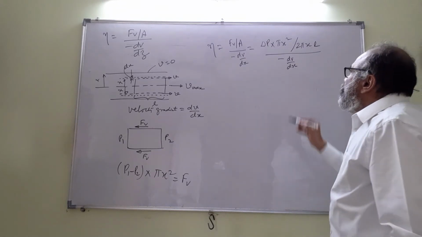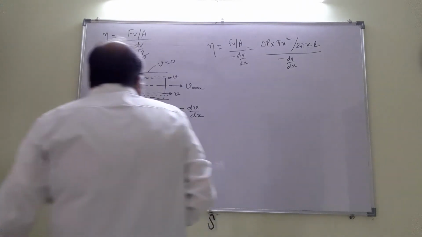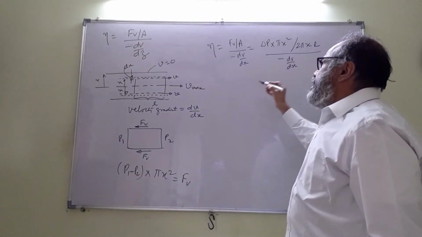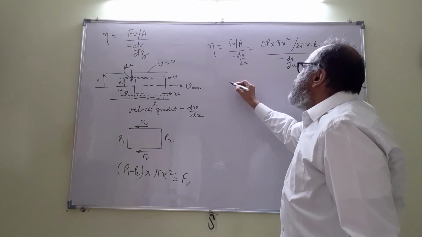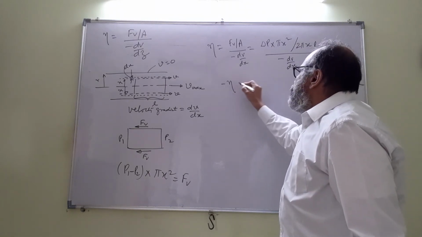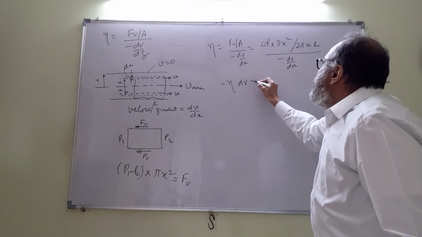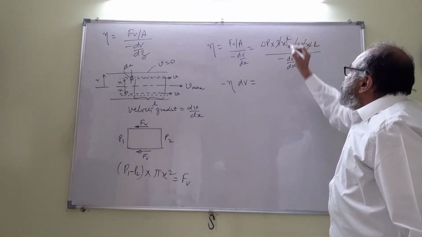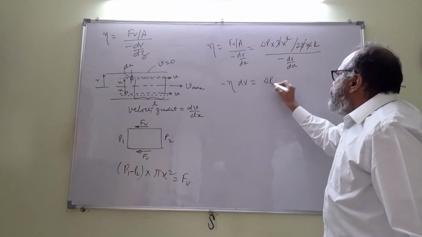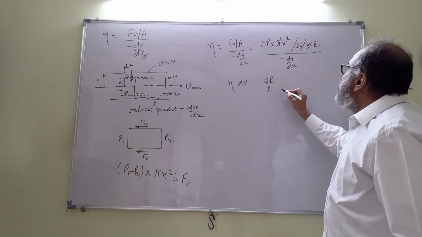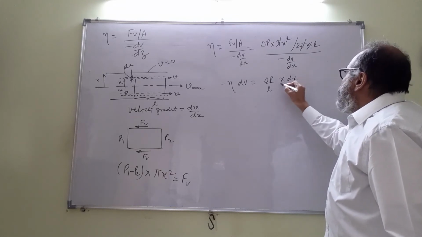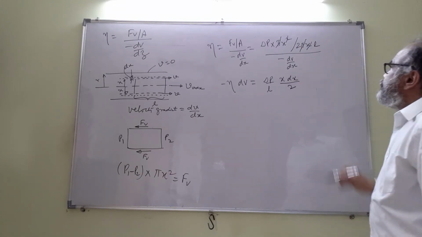Okay. So we can get what is V from this as a function of x. We will get eta times minus dV is equal to delta P by L, where pi cancels and one x cancels, and you will have x dx by 2.